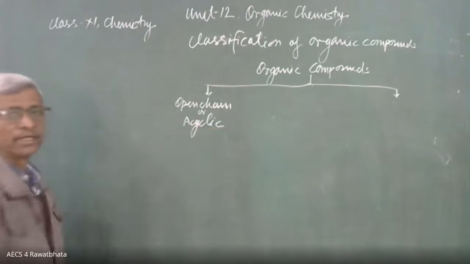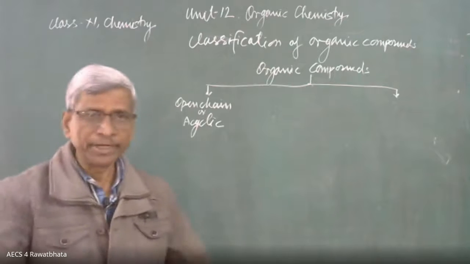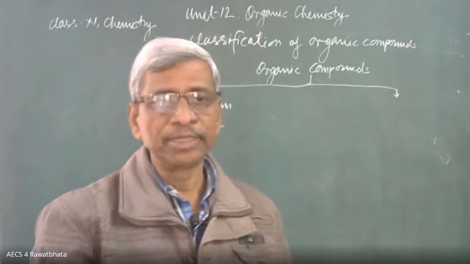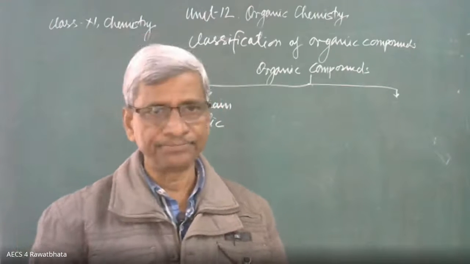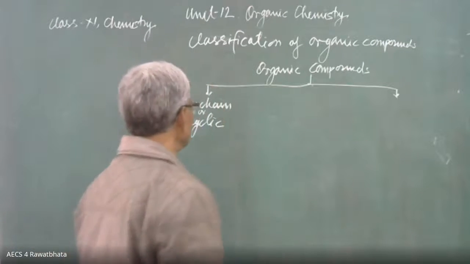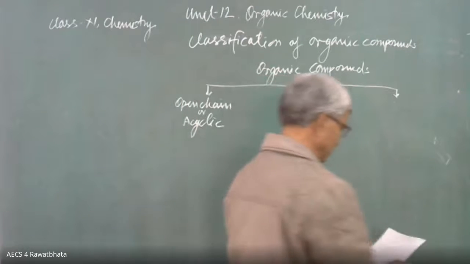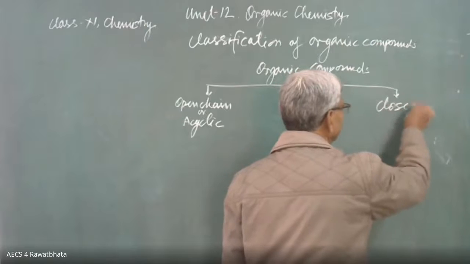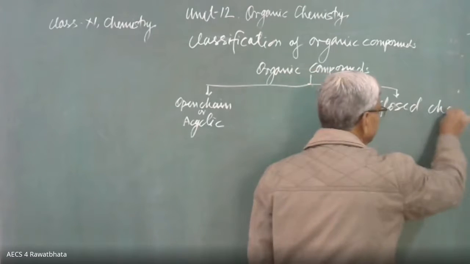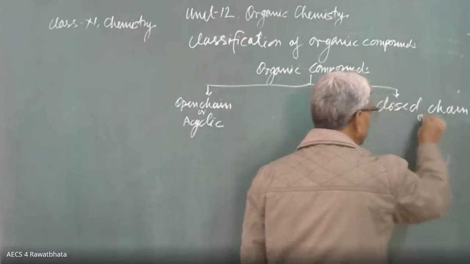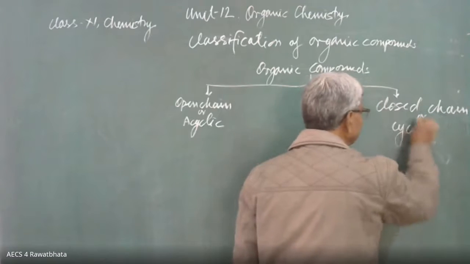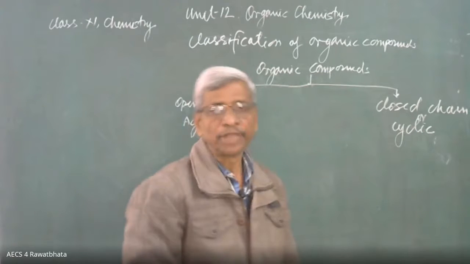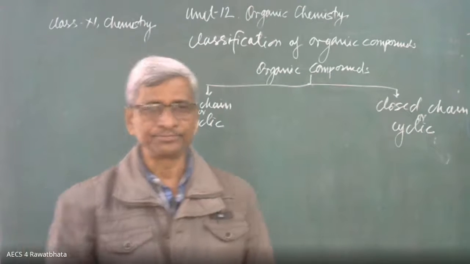No carbon cycle in the compound. Carbon atoms are connected either in a straight line or in a branched line, but no carbon cycle is there. And another is closed chain or cyclic compound. These are the two types of organic compounds.